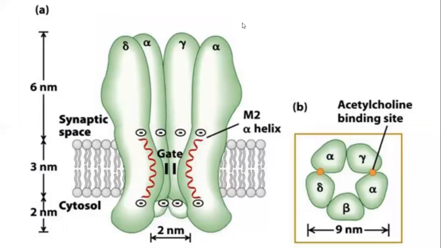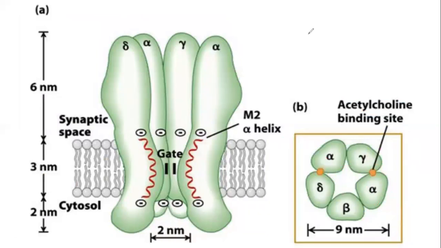So here the acetylcholine comes and binds. Remember what we just discussed: the moment the ligand binds to its receptor, there is a 15-degree rotation. When this rotation happens, this portion which was closed before gets opened up, and then the ions pass through.